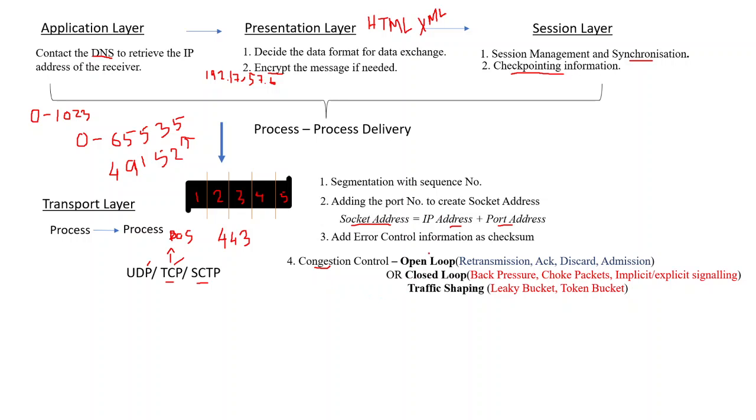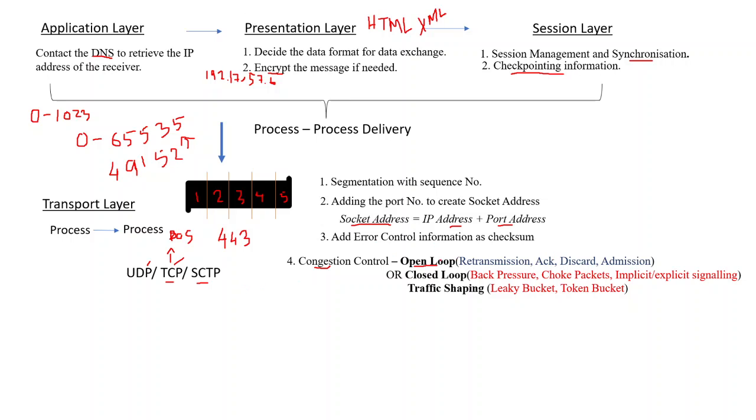So there are several ways of dealing with the congestion control. This open loop is about preventive policies, and it has got policies like retransmission, acknowledgement, discard, and admission. So retransmission, acknowledgements, these are used very judiciously.